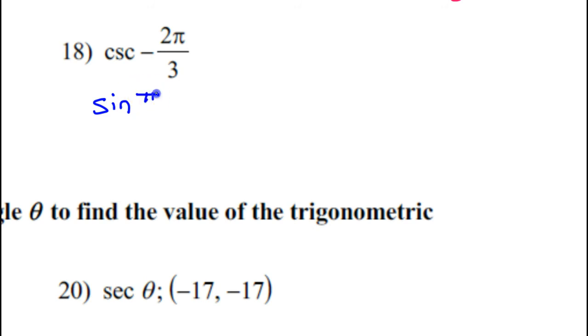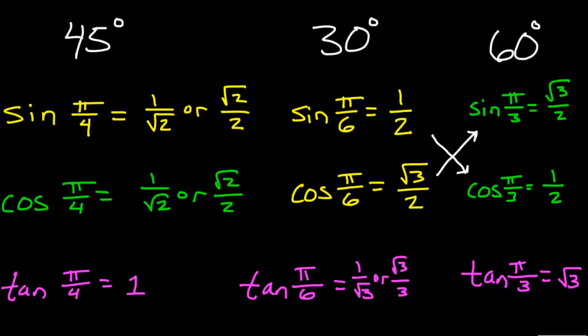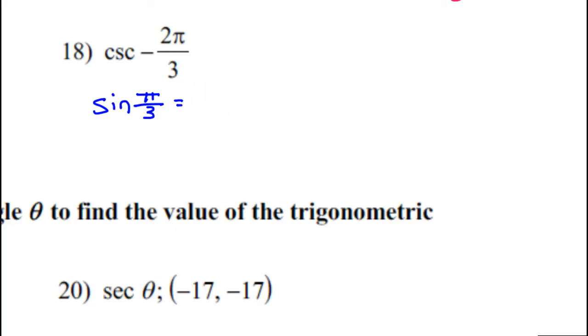So start with the original trig function and start with the reference angle and work your way from there. So what is the sine of pi over 3? That is one of those things that we wrote down on our chart, one of those things that we basically have memorized, which is radical 3 over 2. Okay, so sine of pi over 3 is radical 3 over 2.